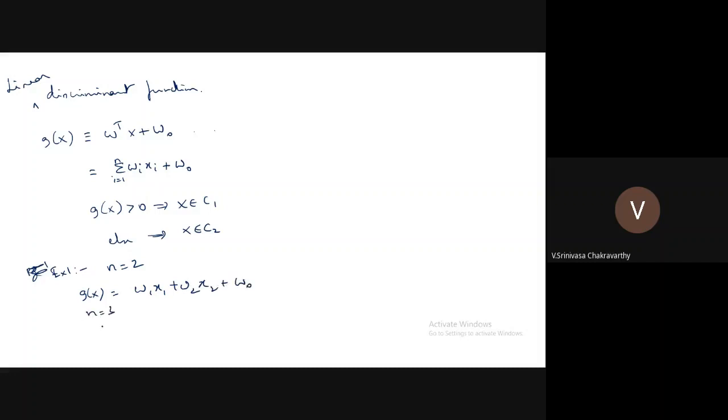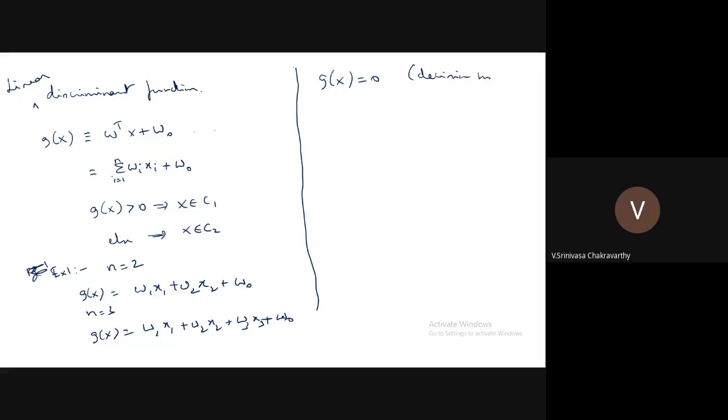Similarly, if n is equal to 3, g of x will be w1 x1 plus w2 x2 plus w3 x3 plus w naught. In general it is a hyperplane, this kind of function expression. If you take g of x equal to 0, this is my decision surface.